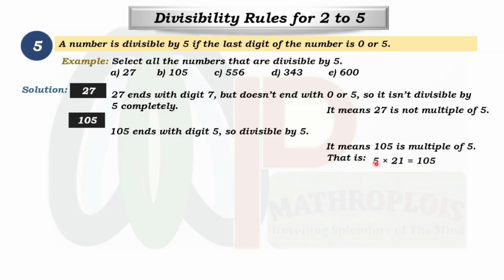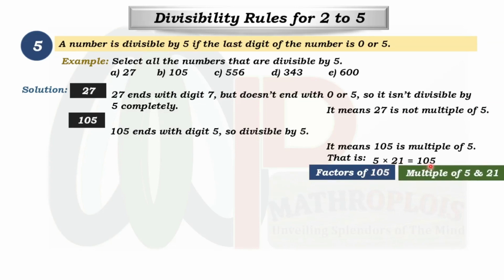That is, 5 multiplied by 21 is equal to 105. Here, 5 and 21 are factors of 105.